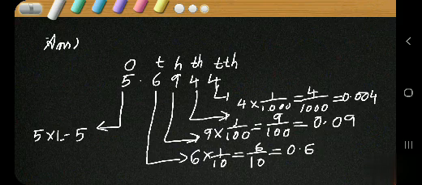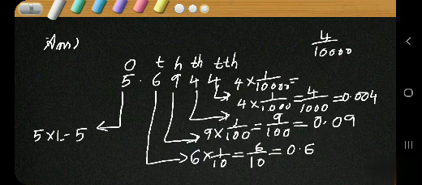Now, let's find out the place value of this 4. The second 4 is in which place? Ten-thousandths place. So, its place value is 4 into 10,000 or 1 by 10,000? Yes, 1 by 10,000, decimal part, isn't it? So, this is equal to 4 by 10,000. Due to the lack of space, I couldn't write it here. You please write in your notebook. In 4 by 10,000, how many decimal places would be there?